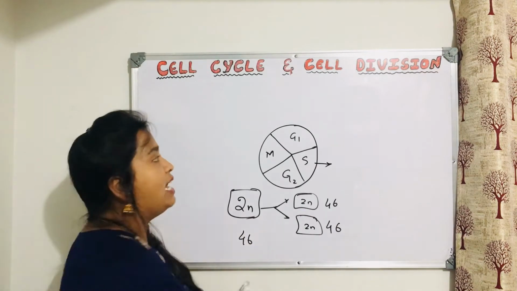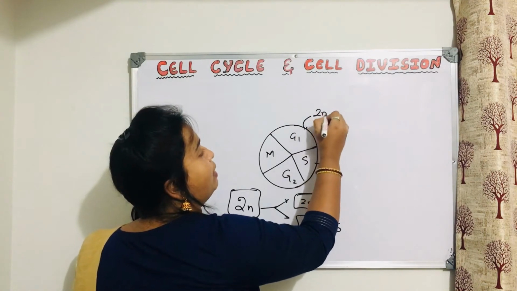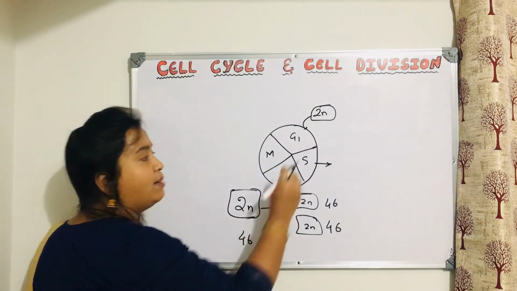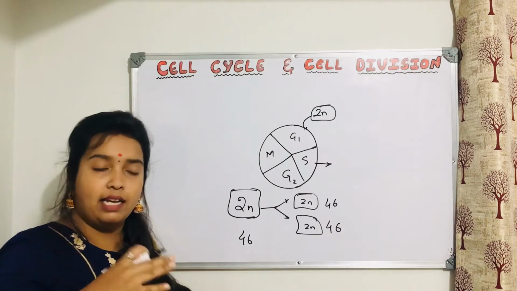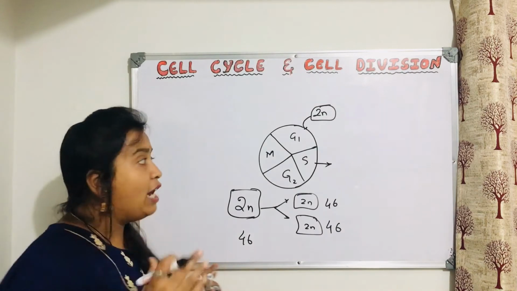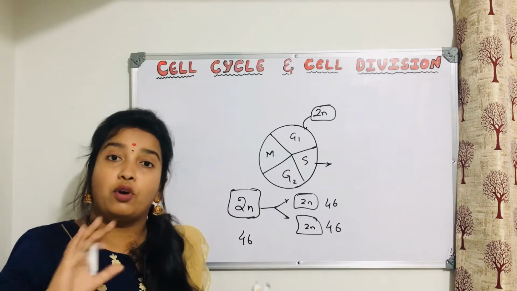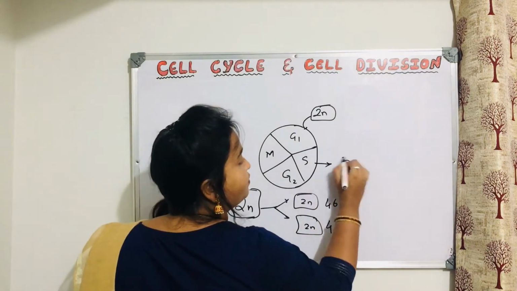Whenever the cell has entered G1 phase, it will be 2N. When it passes G1 and comes to S phase, its DNA increases in amount. Replication of DNA has happened, but the chromosome number has not doubled, so here also it will be 2N.